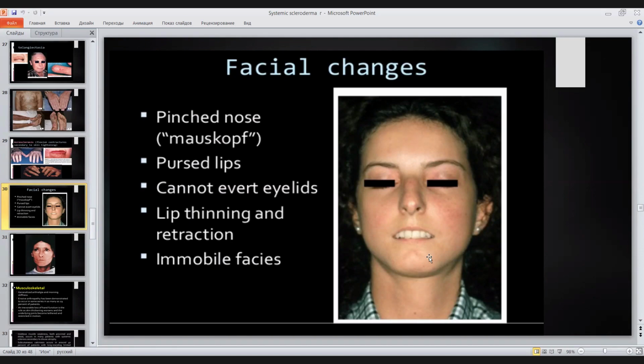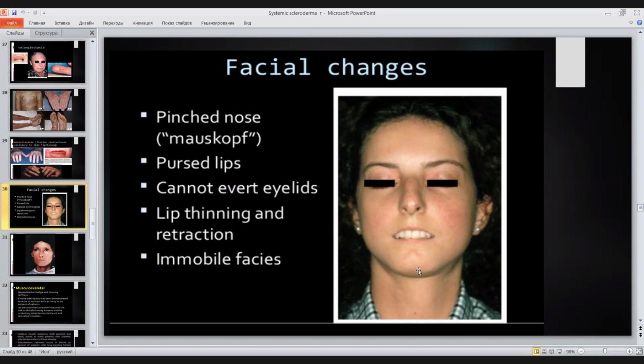For example, in rheumatology, to check joints, you take one hand, surround the joints, and with the second hand flex these joints like this. For a patient with systemic scleroderma, you should ask them to smile, to be angry, to cry like this. A simple test to see whether the patient can make motions of the face. Because of fibrosis.